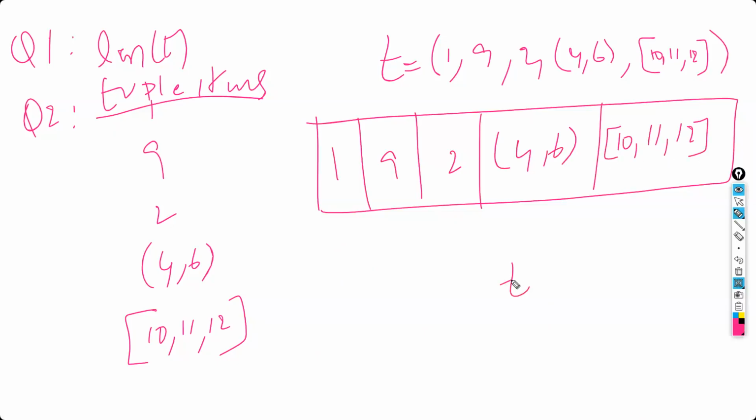And this is T. The indexes are 0, 1, 2, 3, 4 and minus 5 to minus 1. Now my requirement is I want to replace the 11 with 20. Possible or not possible?